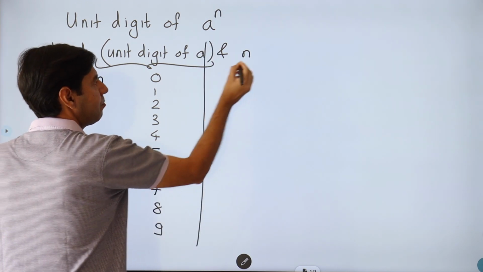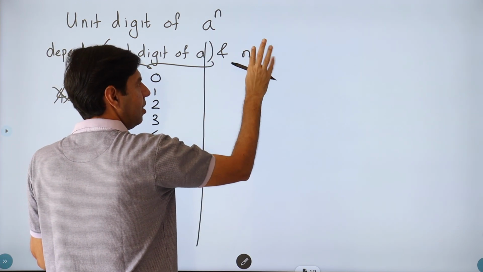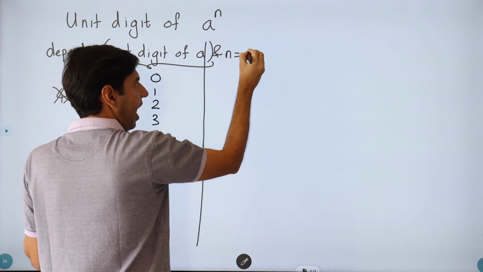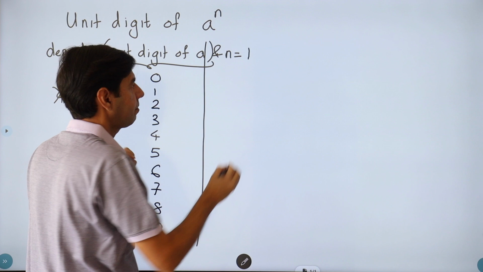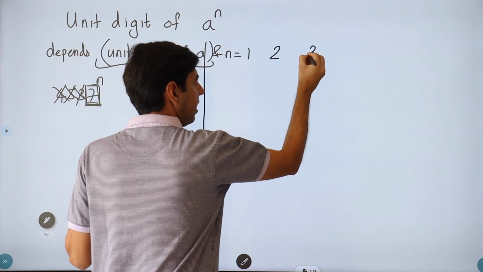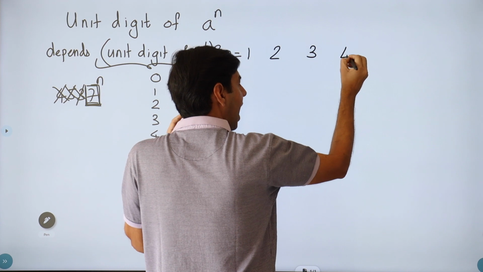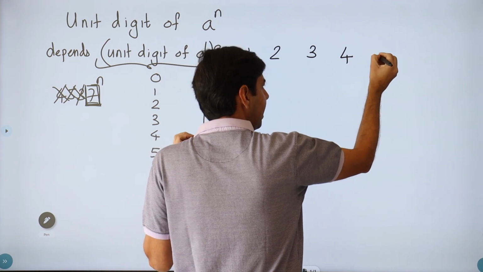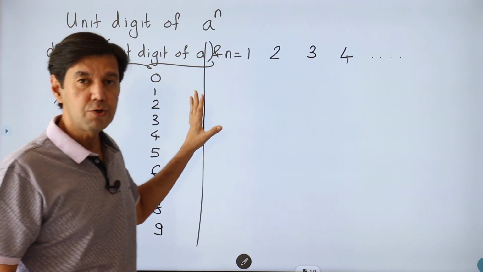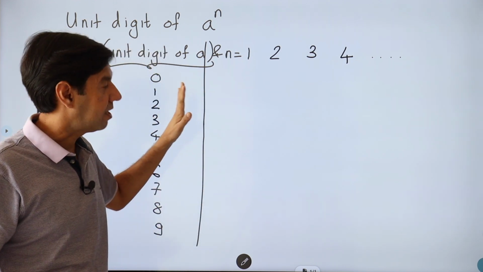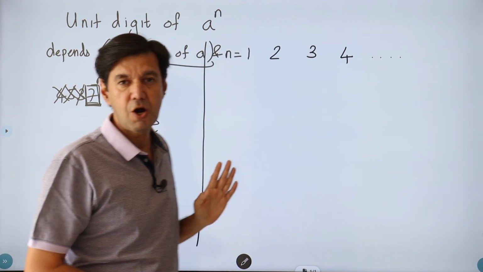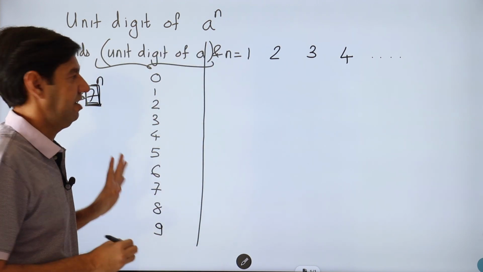As N changes, I'll start from 1, it could go to 2, 3, 4, and we'll see that if it takes any further values, the unit digits are going to repeat in cycles. So actually no value beyond 4 is going to be very relevant for us.